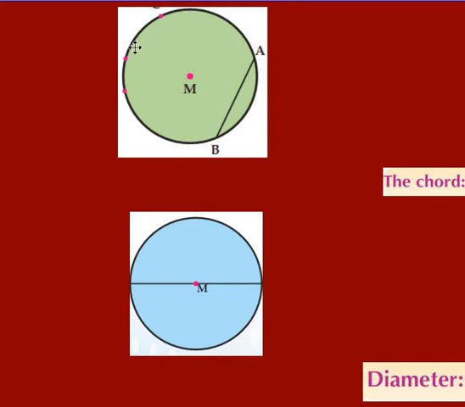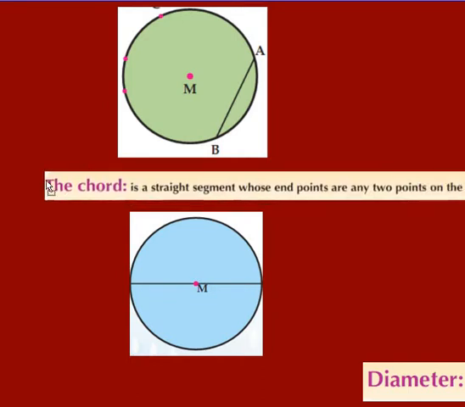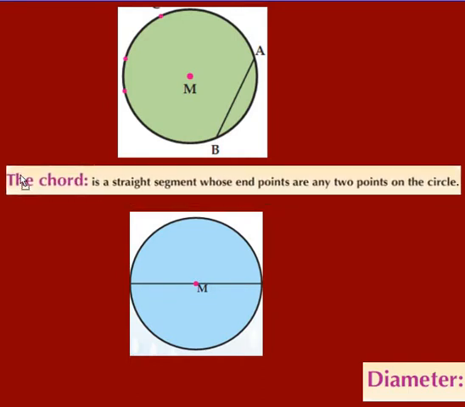In this figure, line segment AB is called the chord. The chord is a straight segment whose end points are any 2 points on the circle.